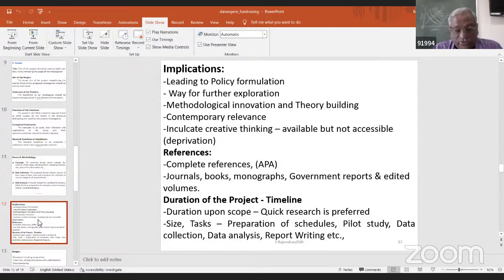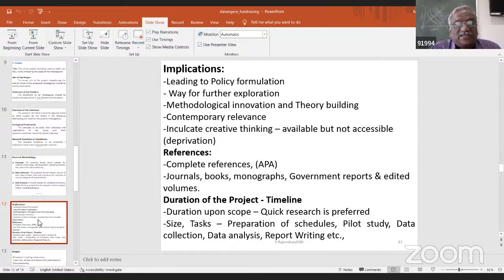Duration of the project, friends, remember, what we call the timeline. Nowadays, gone are the days when the project extended up to 5 years, sometimes 10 years, etc. Say no. And some researchers retired as research assistants and research officers. Nowadays, the funding agencies prefer to have fast track research output.